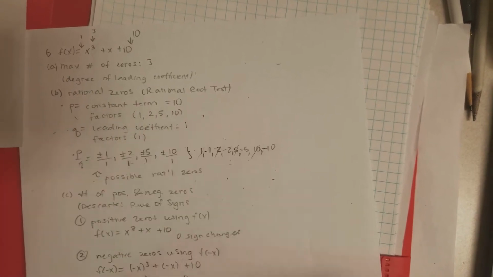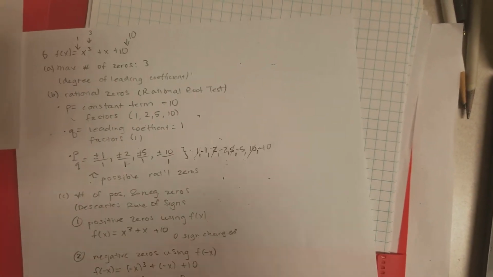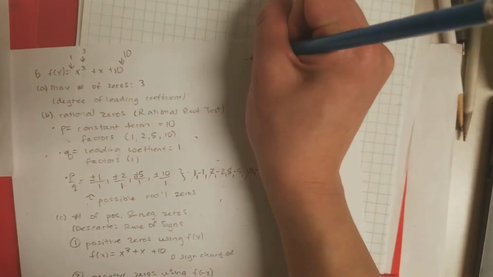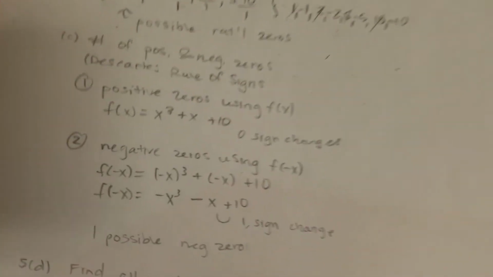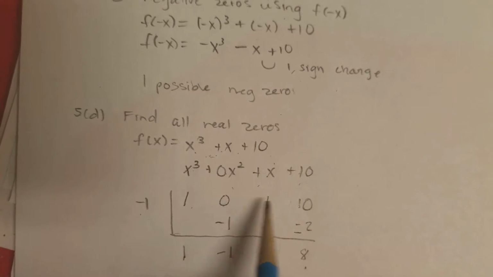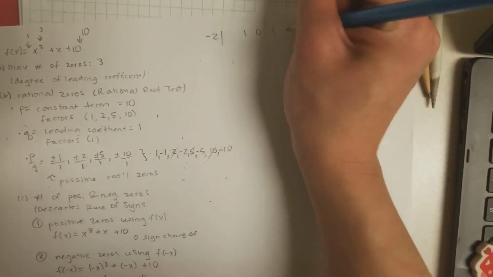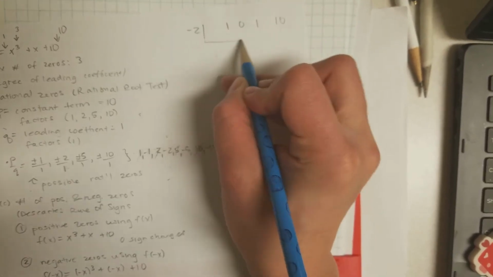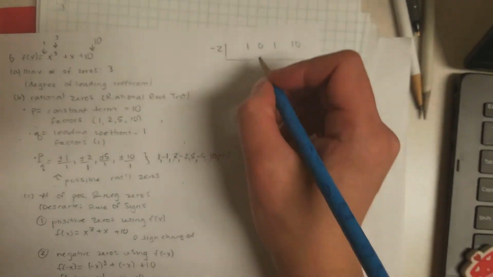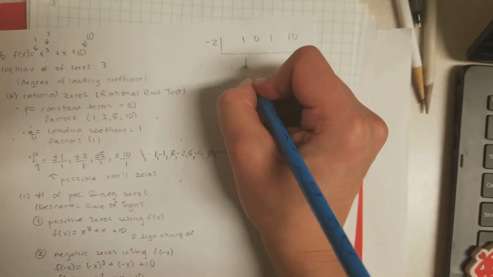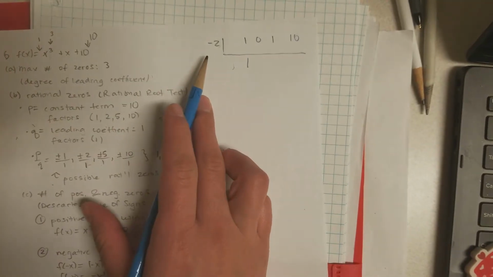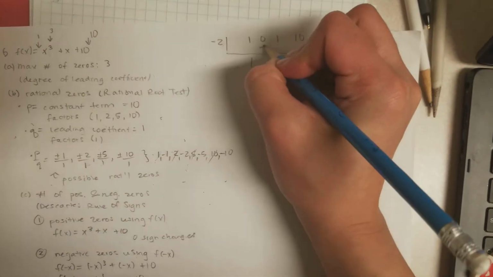So we can't do 2 because, again, positives aren't a thing. But we can do negative 2, right? And remember our numbers here were 1, 0, 1, 10. Right? So bring down our 1. 1 times negative 2 is negative 2.